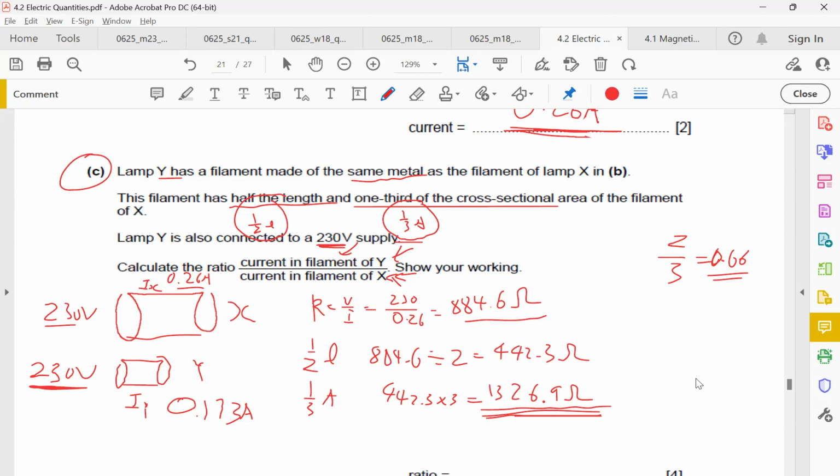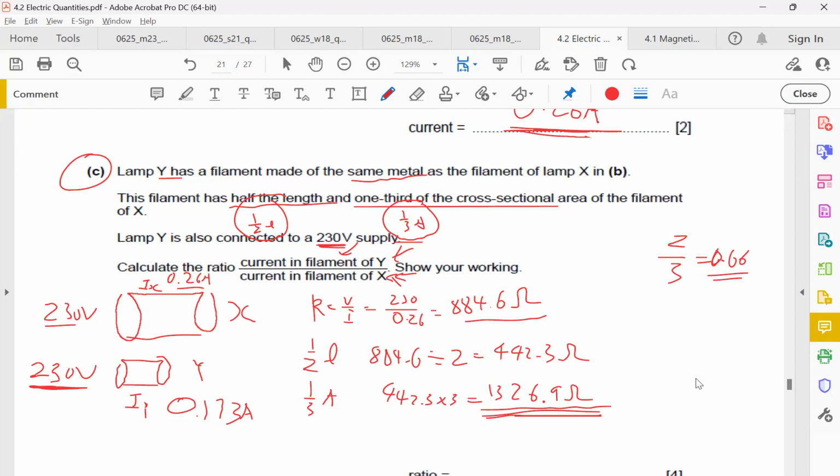Okay. Well, anyone can continue. It's two computer and one computer. Check your working.